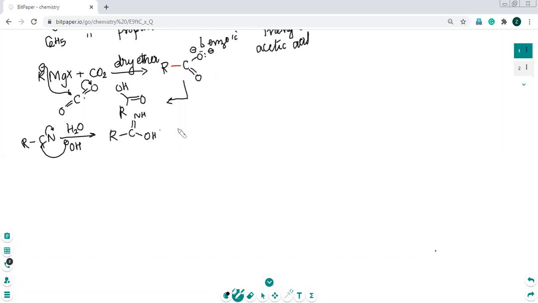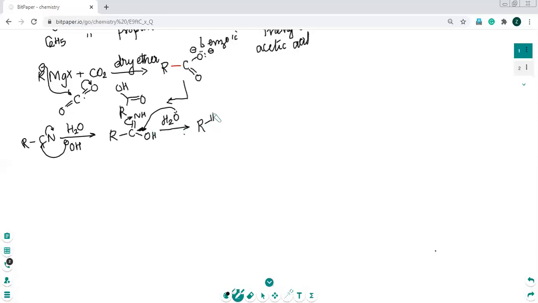And this one, on hydrolysis with water, this will come here, and that will give you the carboxylic acid.